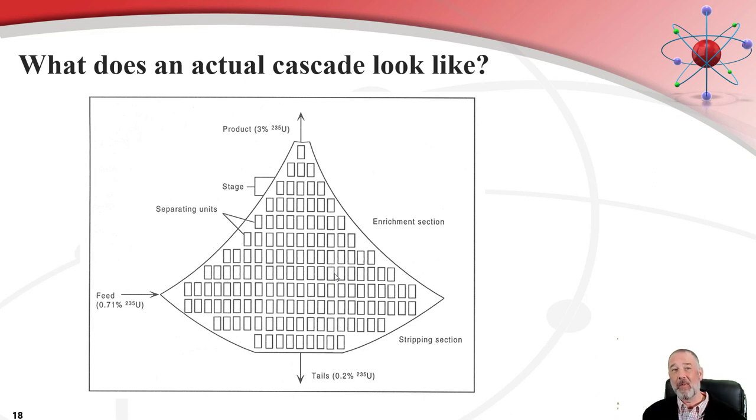But again, we're still throwing away more than half of our material. As we move up the cascade, we're throwing away more and more and keeping less and less, so we need fewer and fewer individual units in each stage to accomplish the job we're setting out to do. And the stripping section is sort of the same way, because as we have less and less uranium-235 that we can pull out, we need fewer and fewer individual units in each stage to accomplish the job. Hopefully that makes sense.